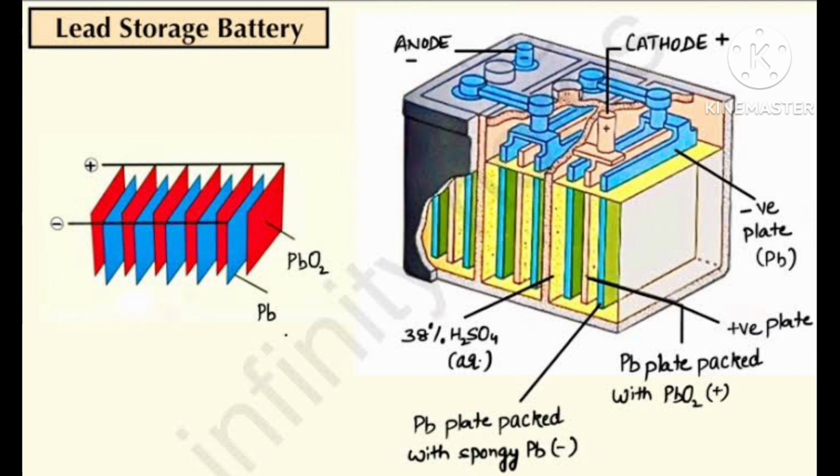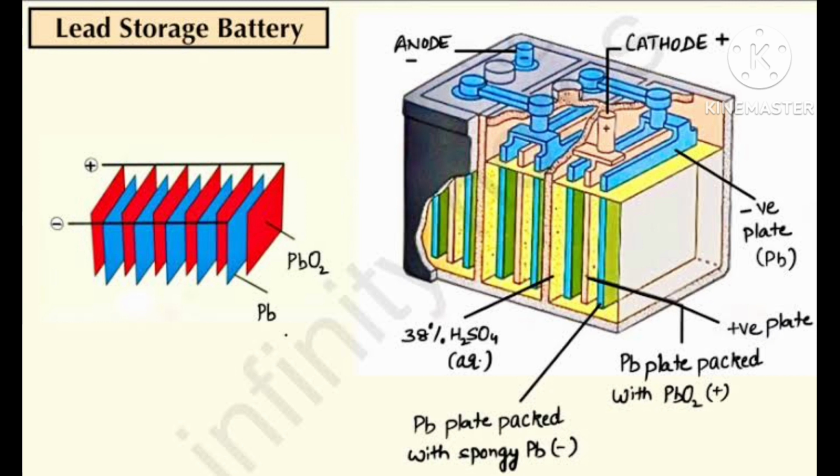What will happen at cathode? Reaction at cathode. Now you can see lead oxide is the cathode. Here PbO2 plus sulfate ion will be used. Sulfate ion is common at anode and at cathode, because H2SO4 produces hydrogen ion and sulfate ion.